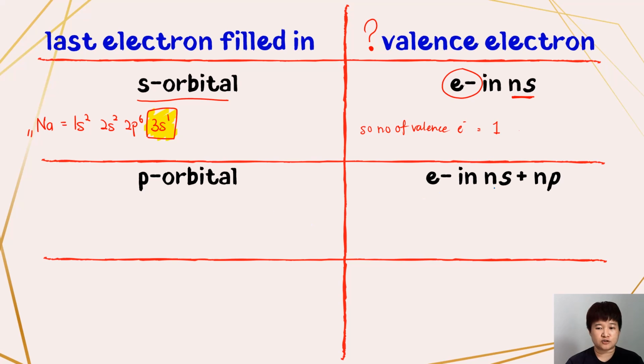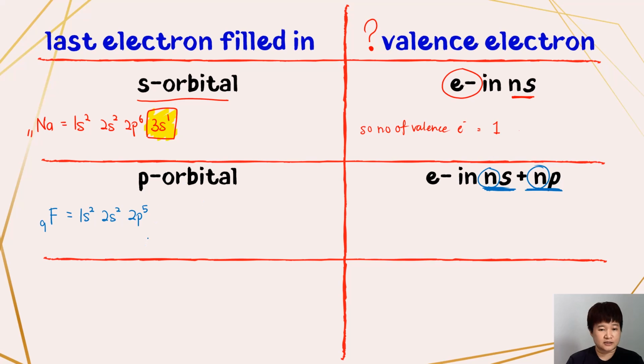The valence electrons are the electrons in the s orbital and the p orbital of the last energy level. For example, if I have fluorine 9, my SPDF notation will be 1s2, 2s2, 2p5.